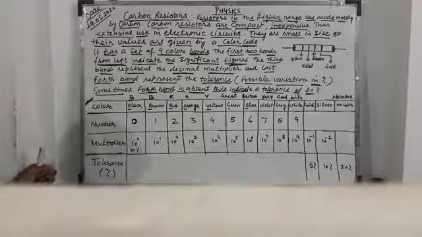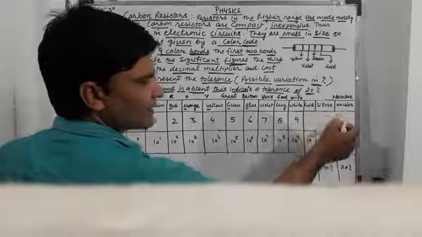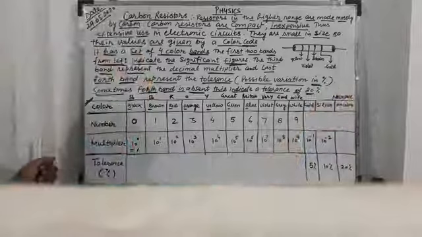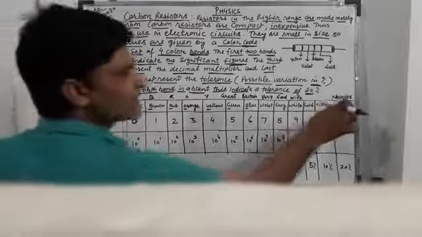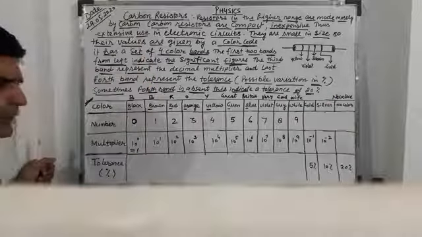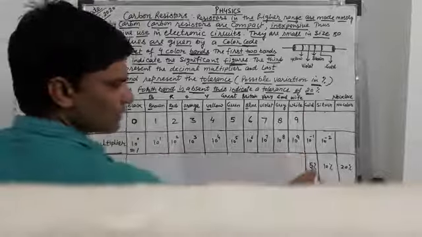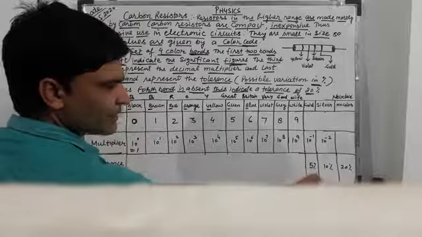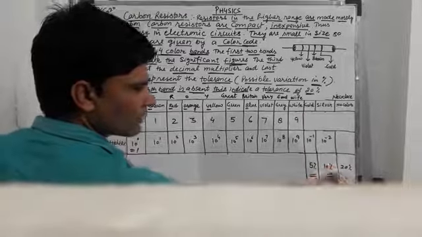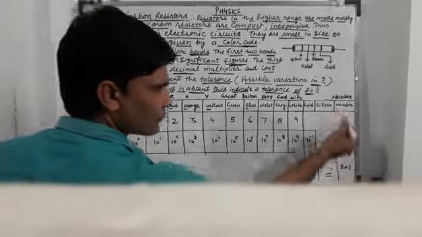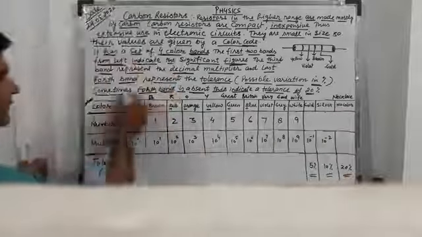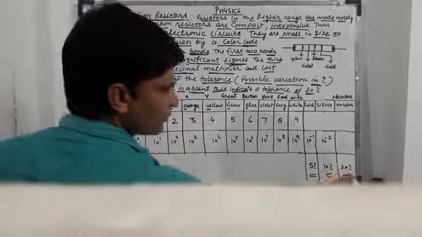Now the tolerance. The fourth band is only gold or silver, or may be absent. For gold the tolerance is 5%, for silver 10%, and for no color 20%.